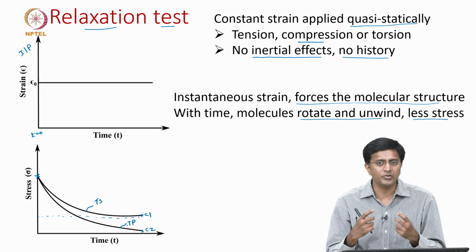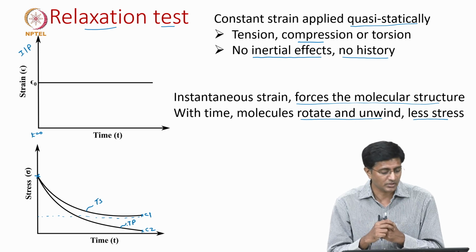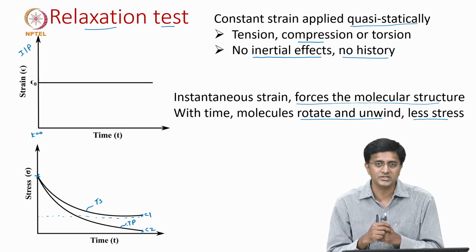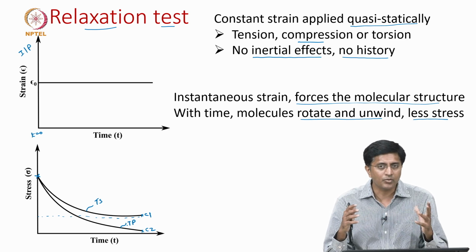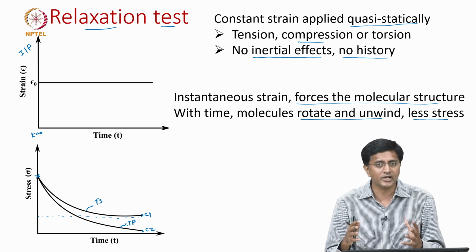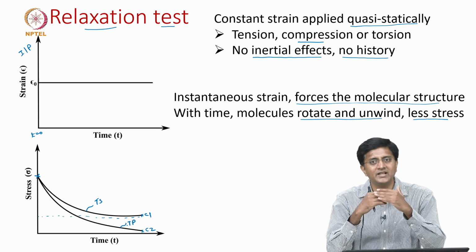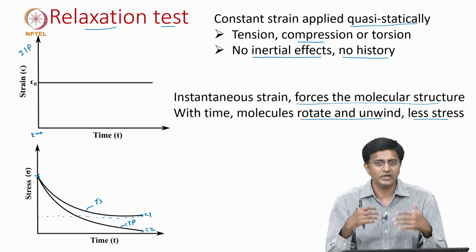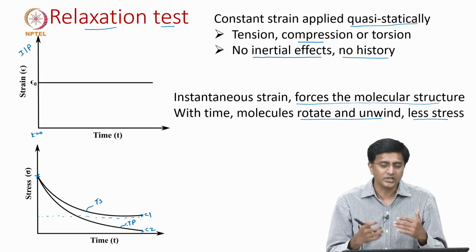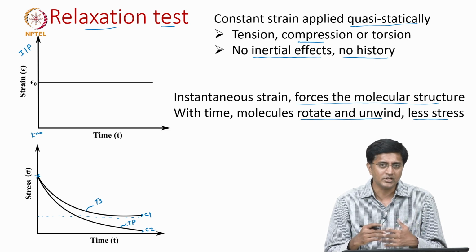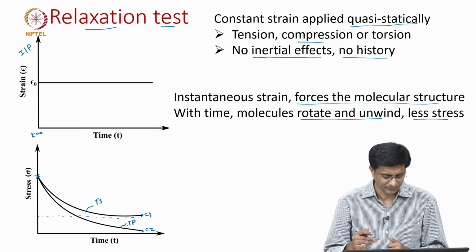Initially it might be counterintuitive to think how a solid polymer like a thermoplastic flows, but we are talking about very long times, where these polymer chains can slide against each other under stress, and because of this we get flow, meaning it comes to a zero stress state at long times. Okay.